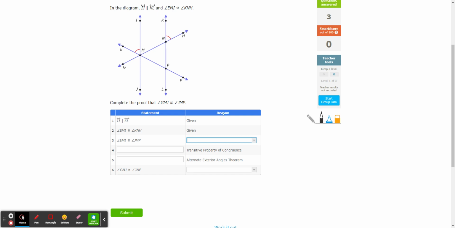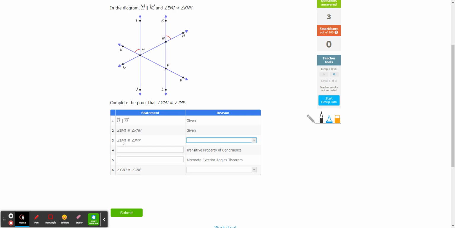Complete the proof that angle GMJ is congruent to JMP. So these two are congruent. I'm trying to prove that. All right, as usual, we're going to state our given information.